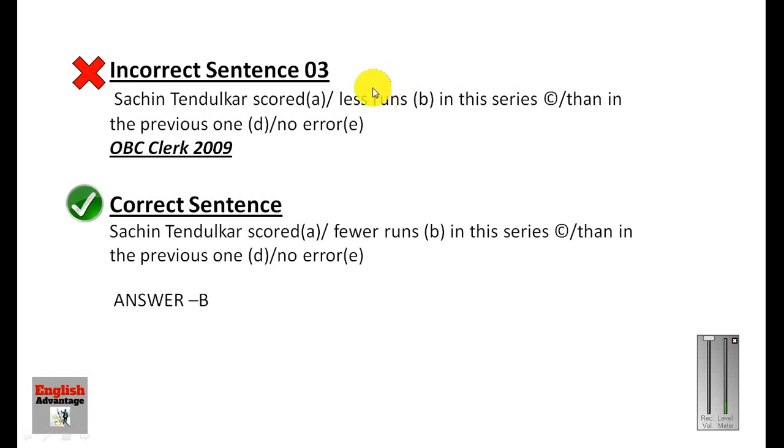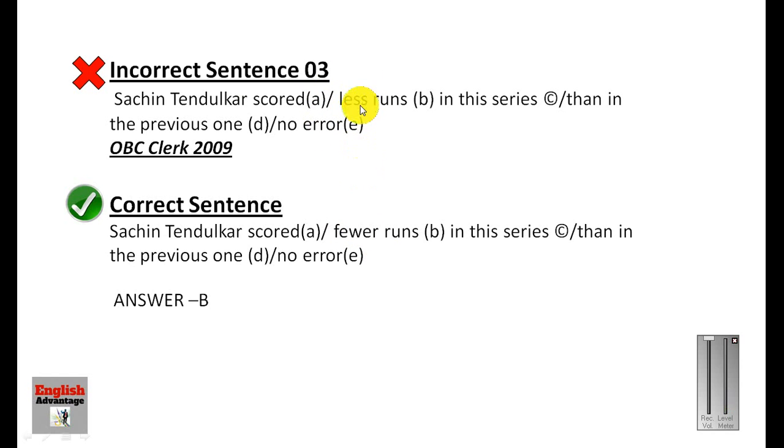Now with the runs, since runs is a countable noun, we cannot use less, because less is used with the uncountable nouns. With the countable noun, we have to use few. So since we are comparing here, the comparative form fewer we have to use here. Less is used for uncountable nouns like water, oil, or whatever that is uncountable. We use less because less is the comparative form of little.